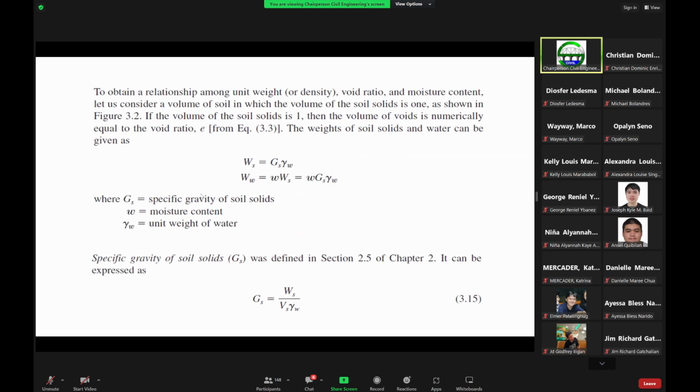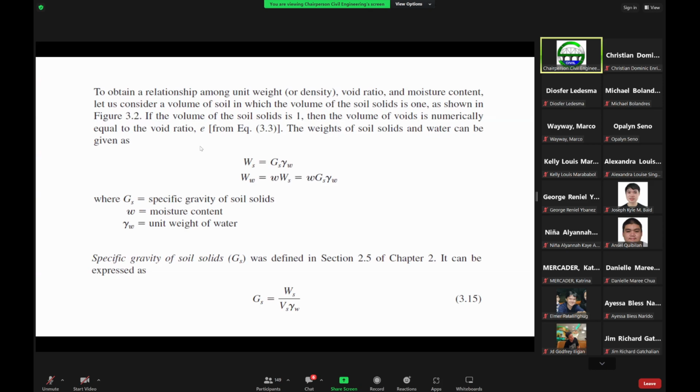So again, to obtain a relationship among unit weight or density, void ratio and moisture content, we can consider the volume of the soil solids to be 1. And then if the volume of the soil solids is 1, the volume of the voids is numerically equal to the void ratio e.